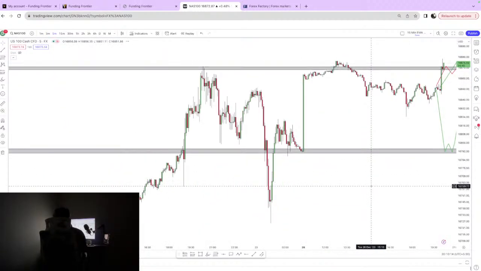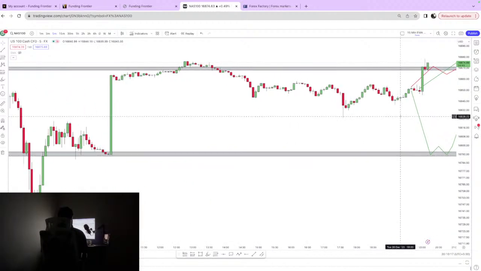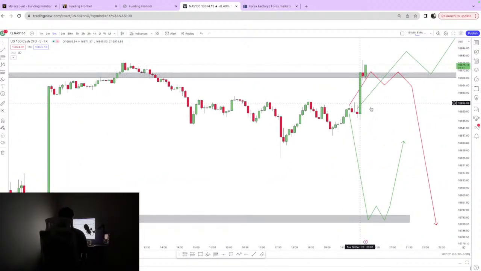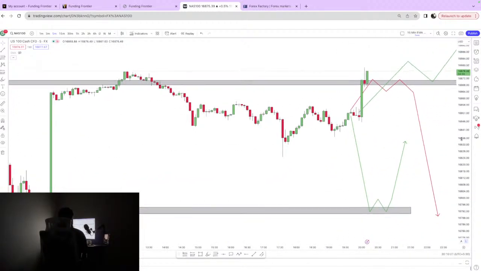So if this candle closes green and above this, we are in for a good trade.